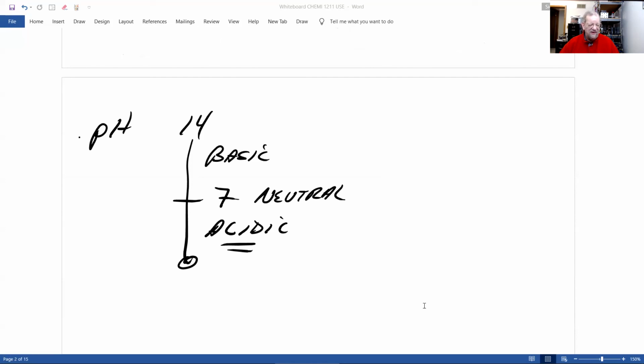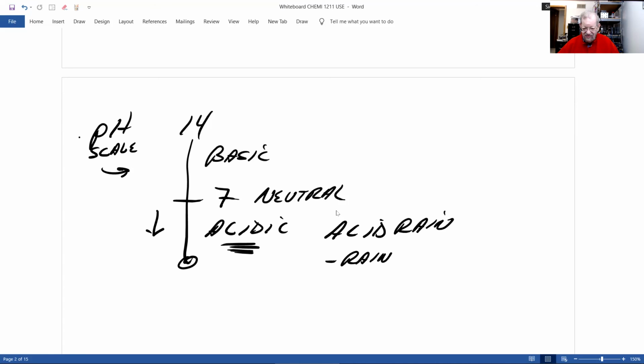You should know this pH scale, which I will not give you on the test. And when the pH is below 7, it's acidic. So what is acid rain? It's rain, and this won't be on the test, but you should know it for your life, with something where the pH is less than 7.